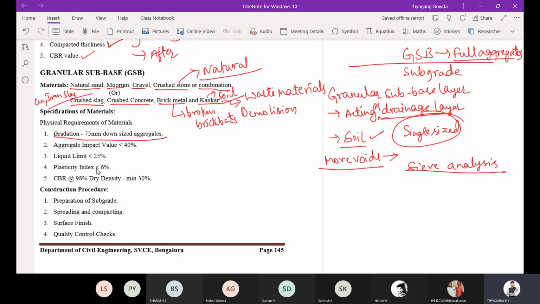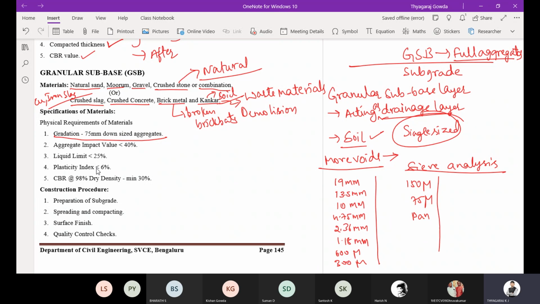In that, there are various sieve sizes: 19 mm, 13.5 mm, 10 mm, 4.75 mm, 2.36 mm, 1.18 mm, 600 micron, 300 micron, then 150 micron, 75 micron, then pan. So these are the sieve sizes we are going to collect.